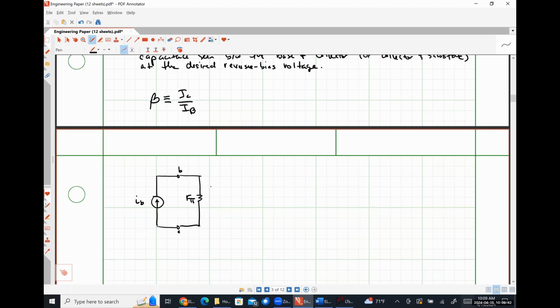So here's R pi, VBE, C pi, which is what we're ultimately kind of looking for, C mu, GM VBE. Let's explicitly ground our emitter terminal.